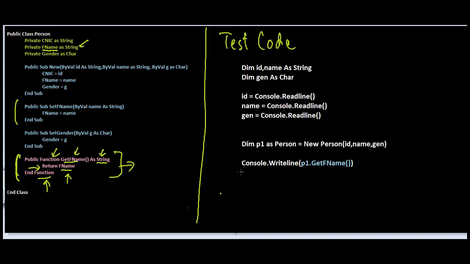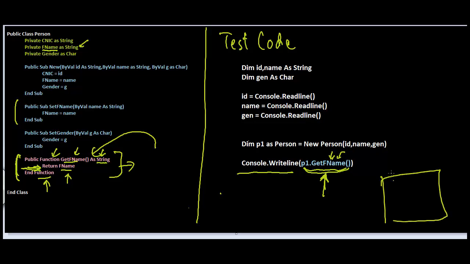See, what we're doing here is this time when we are using console.writeLine, we are calling this function get first name, and when p1 dot get first name executes, we are basically placing a call to this function. This function is going to return this value of first name, and that value we'll receive here, and that value will then be output in our output window. So this value will now be output because the function is going to return the first name.